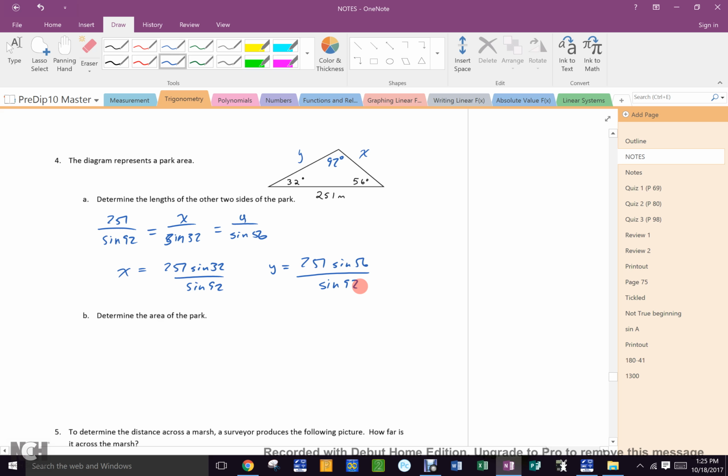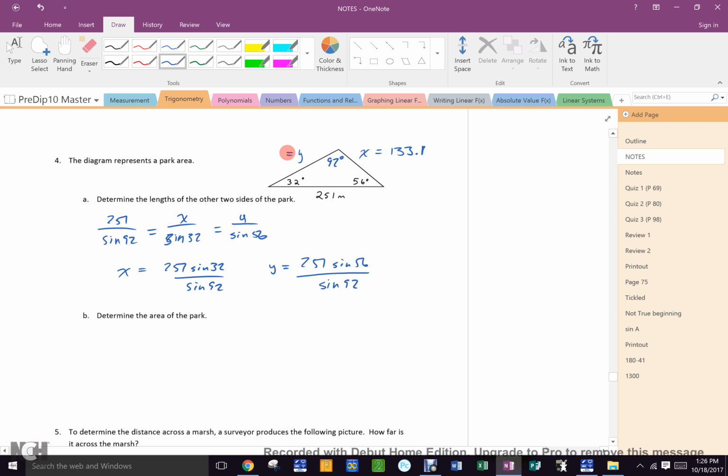Right, 133 and 200. X was 133.1 if you're getting technical. And Y was 208.2.